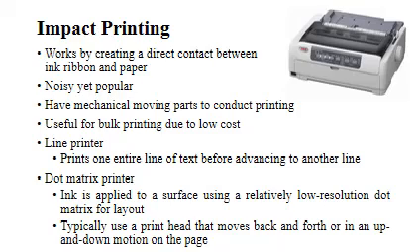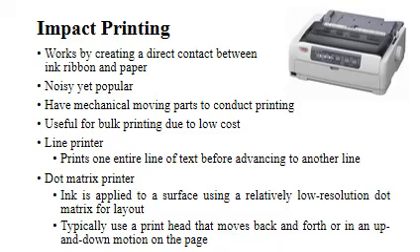Dot matrix printing is sometimes also called impact matrix printing. This is a computer printing process in which ink is applied to a surface, usually a relatively low resolution dot matrix for layout.